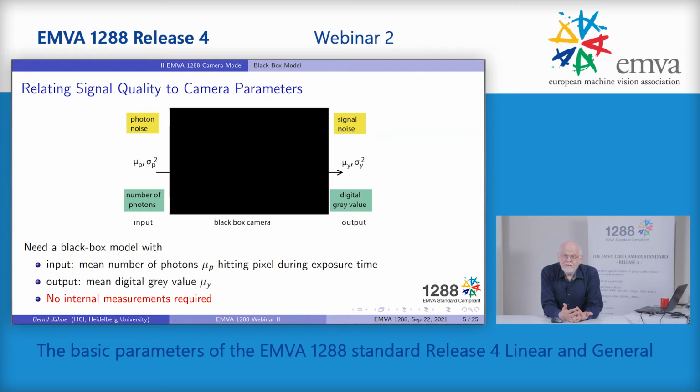The only thing we are interested in is that we want to have a good image quality. That means we have to rate the quality of the output signal. And this is typically a digital gray value. It might have different channels for a color or multispectral sensor or polarization sensor. So you might have different channels. And we look at how large the signal is, but we also look at how noisy it is.